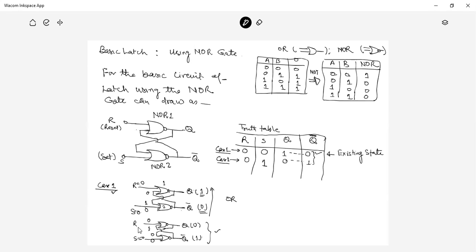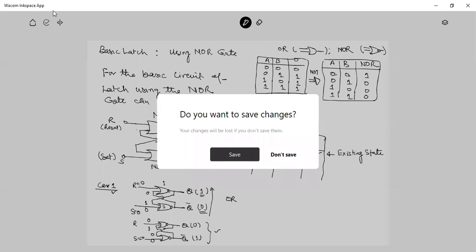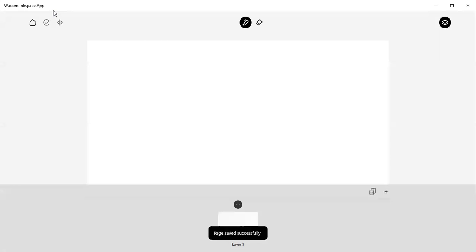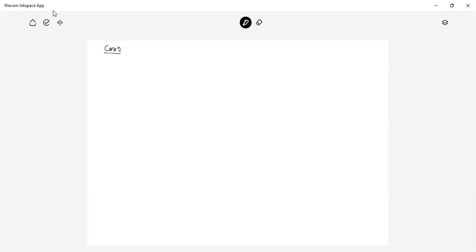So case 1 we discussed here. Now for case 2, R is 0, S is 1. R is 0, S is 1.